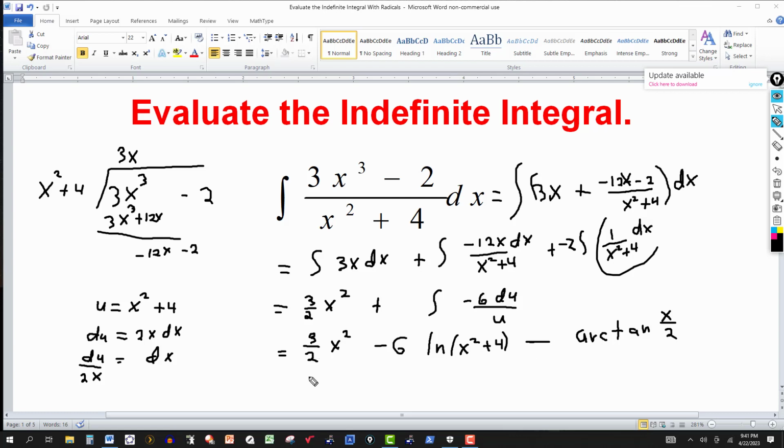So final answer, and then you plus your constant of integration. I can put this in parentheses just to make it a little bit more clear. So again, final answer: 3 over 2 x squared minus 6 natural log of x squared plus 4 minus arctan of x over 2 plus a constant.